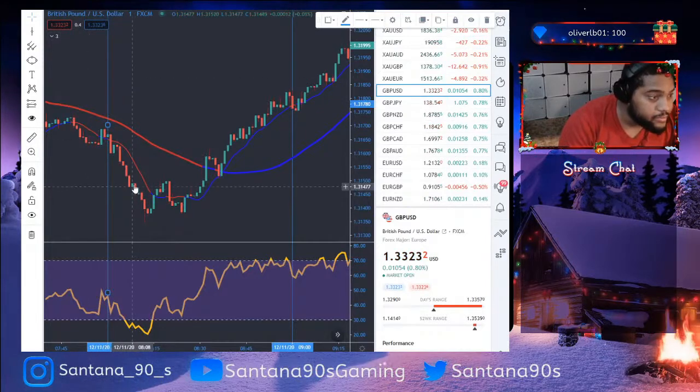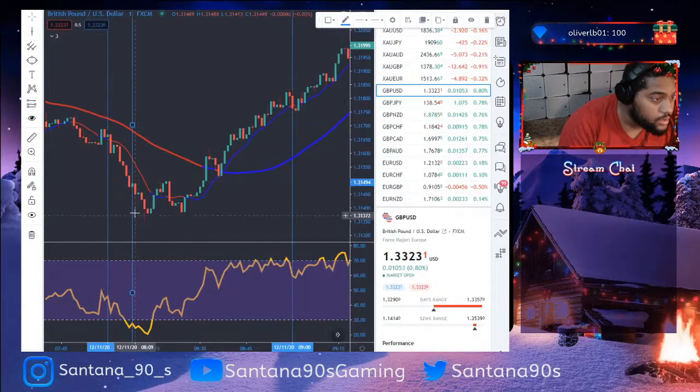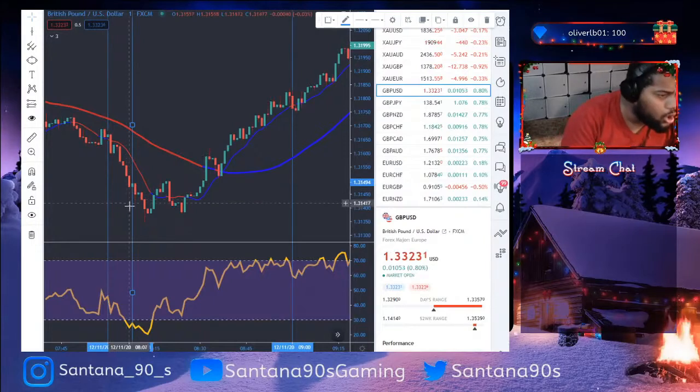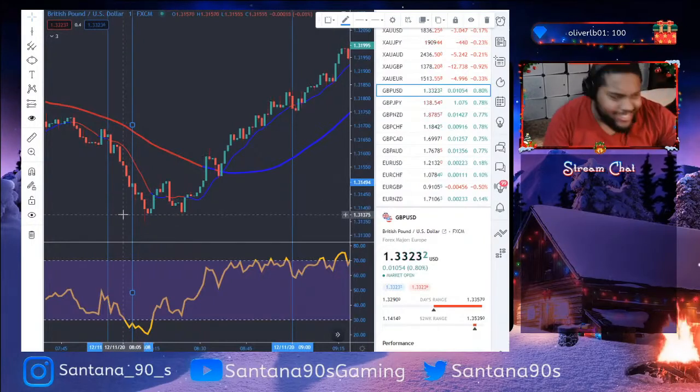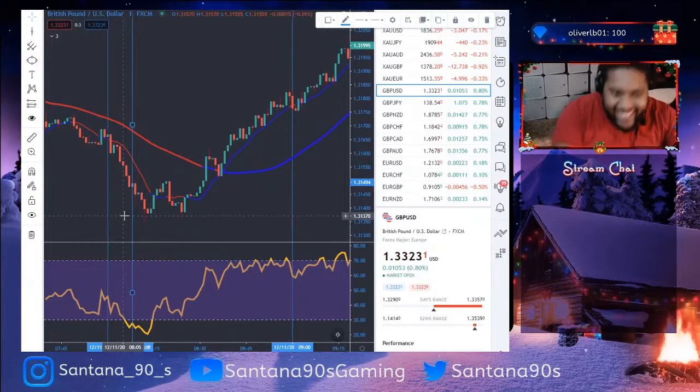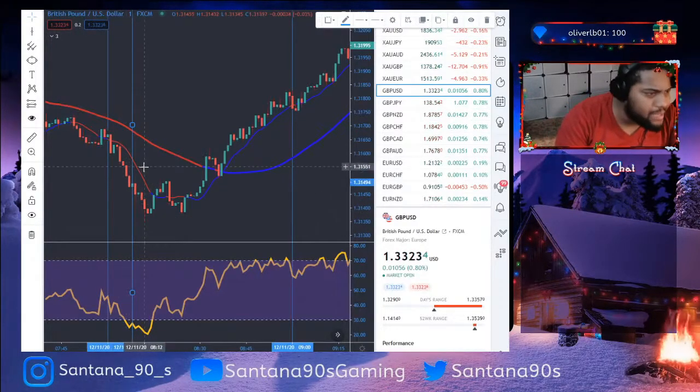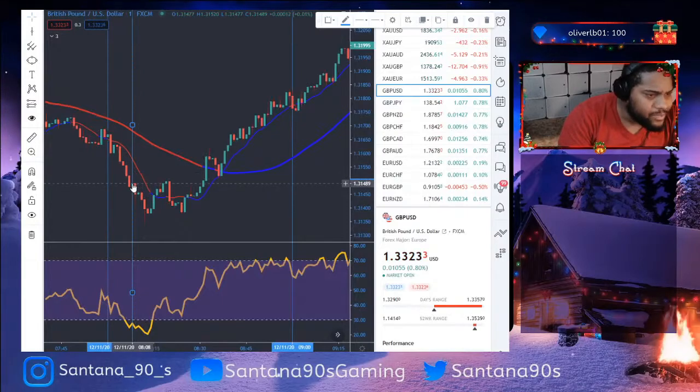From right here, let me mark that too. Right here. Okay, so right there, if I would have got in this entry, because I'm looking for a better entry. Oh, the RSI dropped below 30. Now I could get in on the 1 minute, so I could grab more pips. So I would have got in.